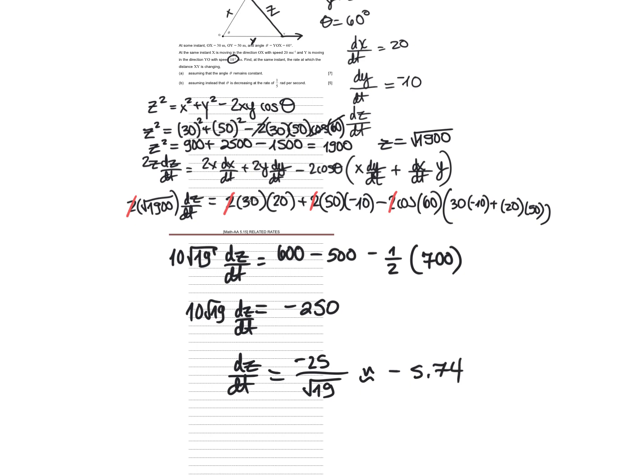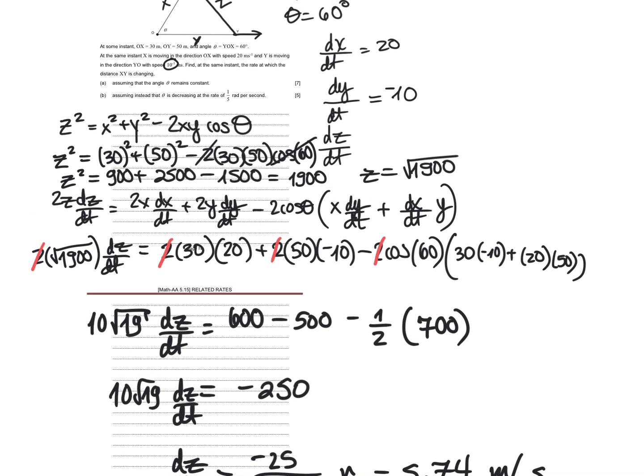So this is going to be 100 minus 350, which is negative 250. And then we can divide by 10. So that's negative 25 over square root of 19 dz/dt. So this is about negative 5.74, and this is going to be in meters per second.